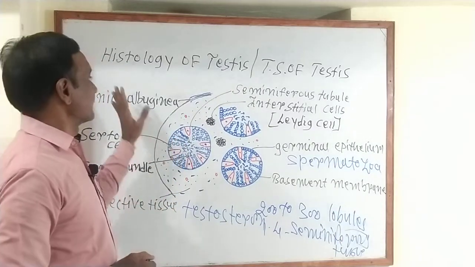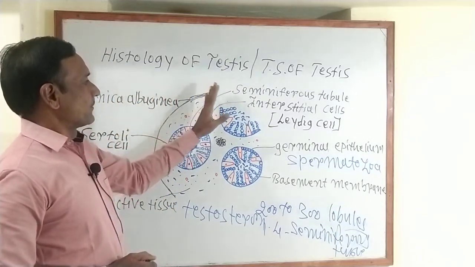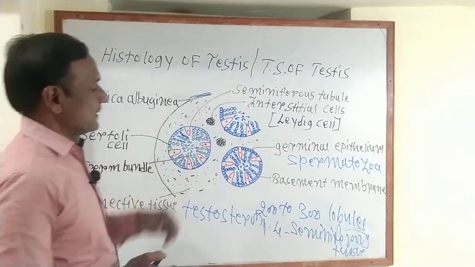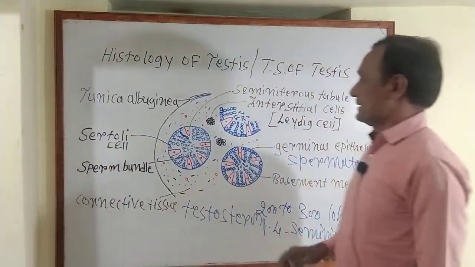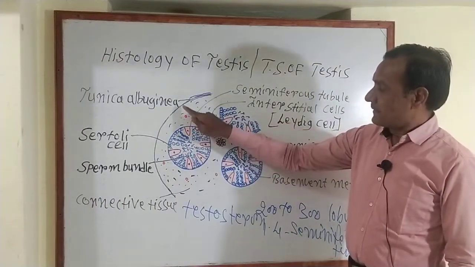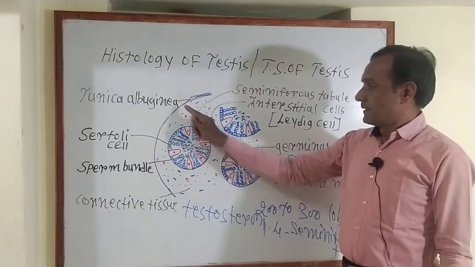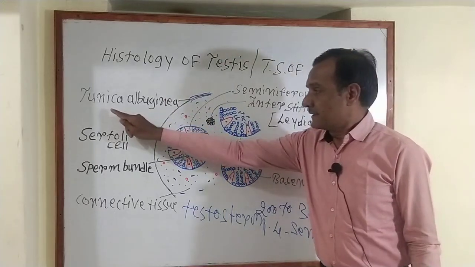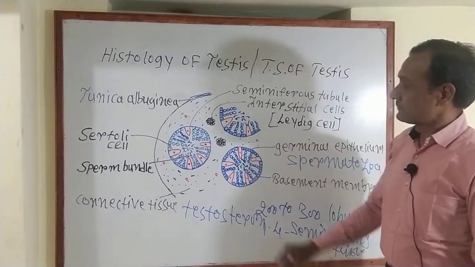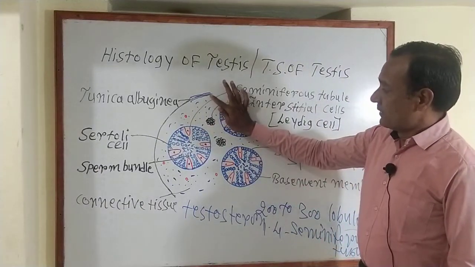Once again, what is the histology of testes? Listen here. The testis is externally covered by a connective tissue covering that is called the tunica albuginea.